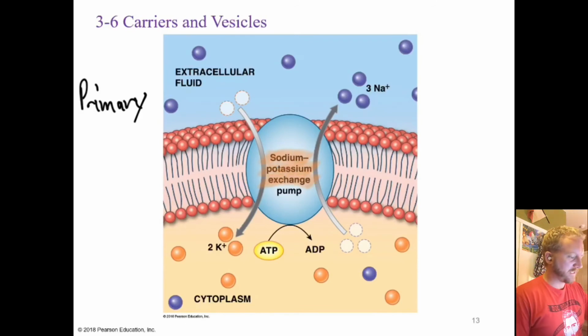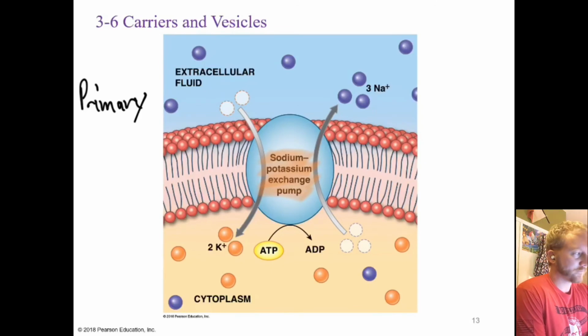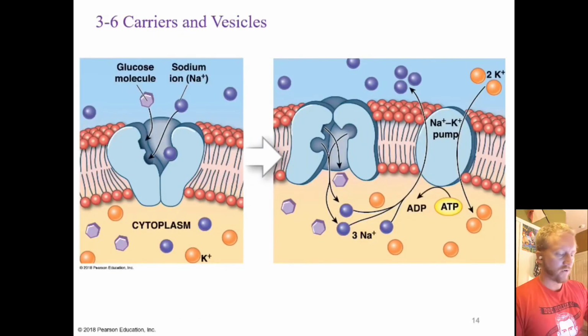So like this sodium potassium exchange pump, you're using ATP to directly move stuff. This is like your water pump, your pressure washer. You take your hose and put it into basically a motor, and that forces the water through more quickly. So that's primary active transport. The pump is acting directly on whatever substrate we're moving across.